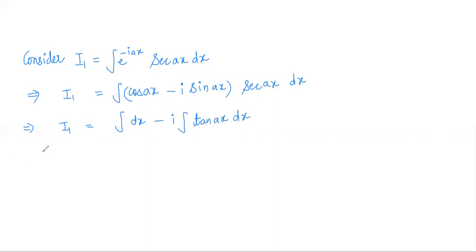It's very simple integration. x minus iota by a, and this will be log cos ax.